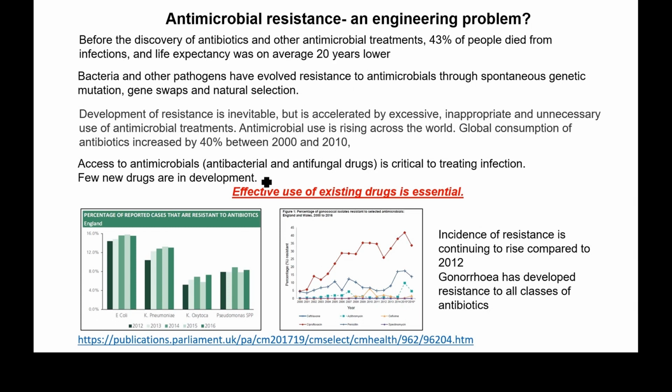So antibiotics have made a huge difference, but the development of resistance is a real problem. And we can see in this Department of Health document from the graph on the bottom here, how resistance is increasing. In this case, this is for gonococcal infection. So sexually transmitted diseases are becoming completely resistant now. This is in the UK. Gonorrhea is now completely resistant in many cases to any antibiotic whatsoever.